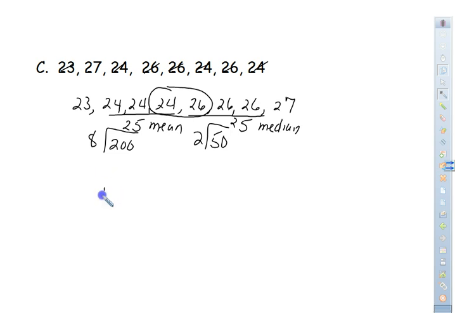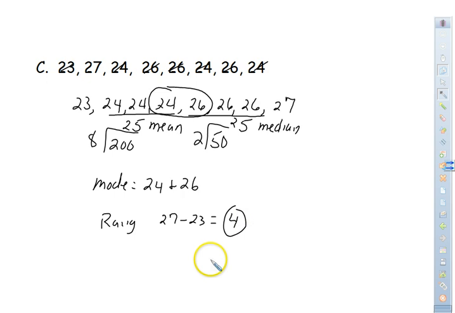Therefore, my mode equals 24 and 26. Now my range, again, simply subtracting 27 minus 23, and I get 4 for an answer.